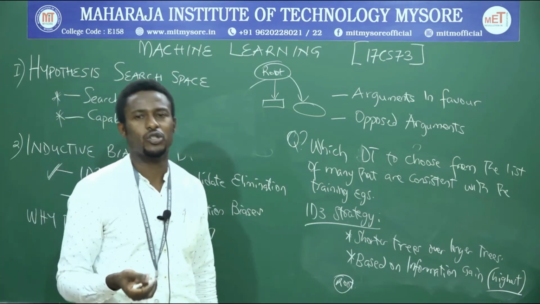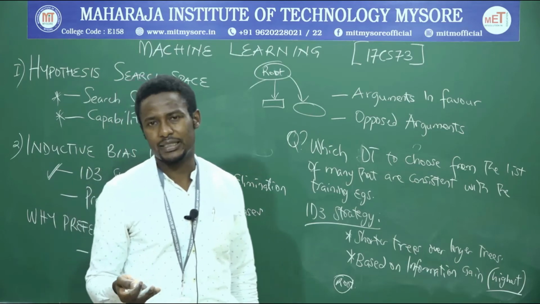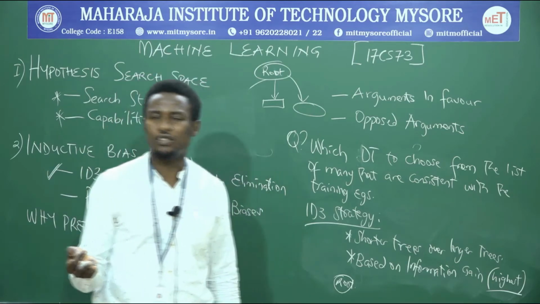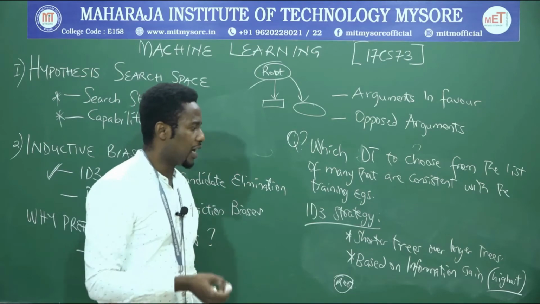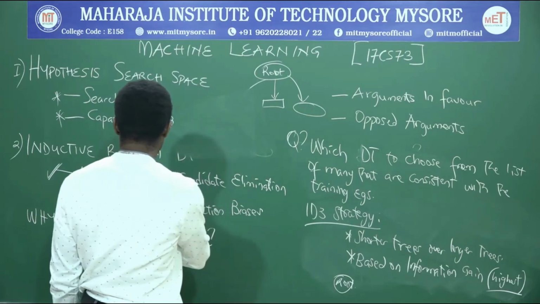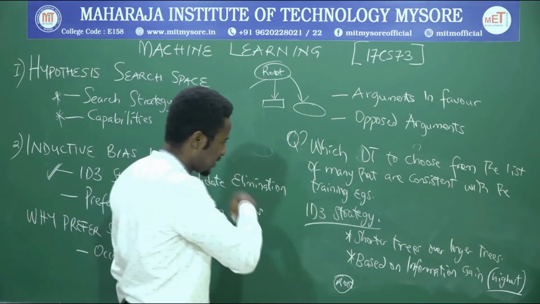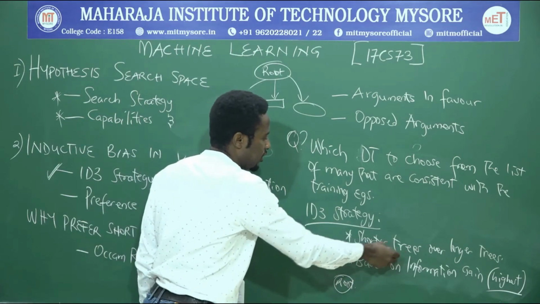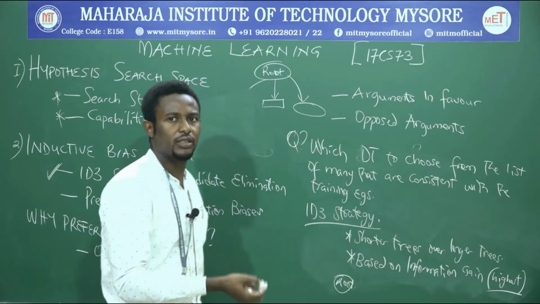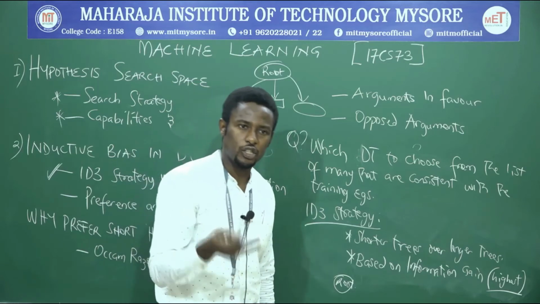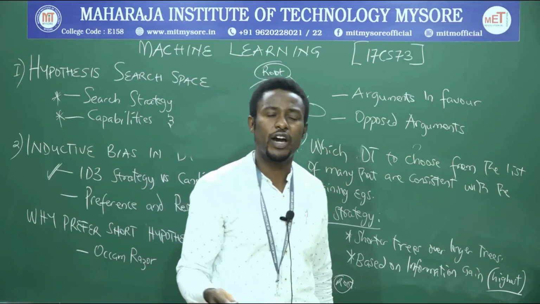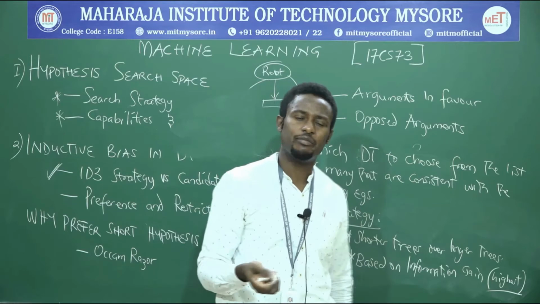Or which set of assumptions should I prefer over another? Now here we are talking of hypotheses, or the biases in this case. And here we spoke about trees. Shorter trees over longer trees led to the conclusion that shorter hypotheses will be preferred over what? Longer hypotheses, right? As simple as that.